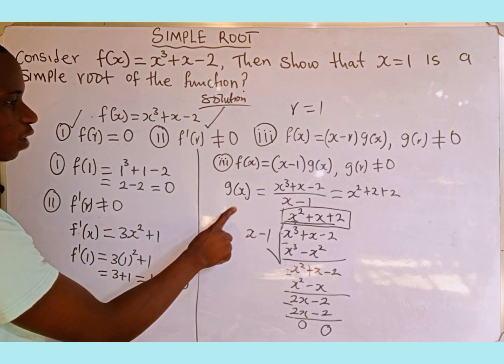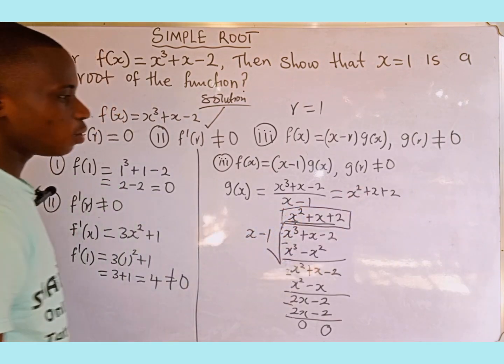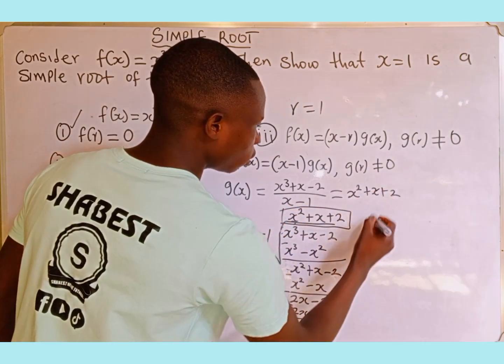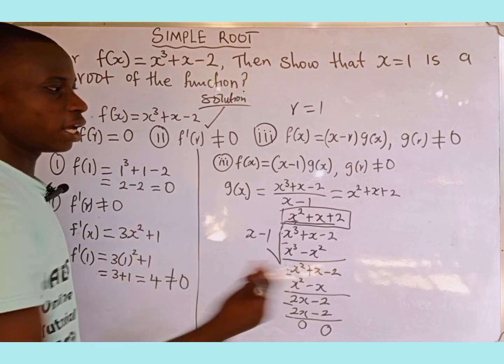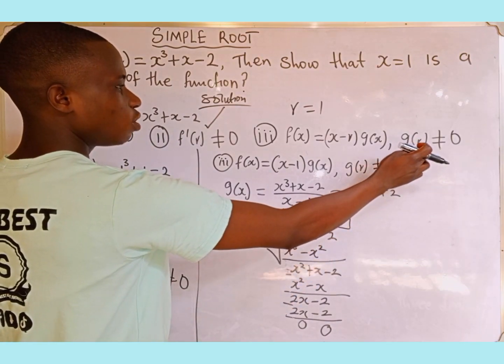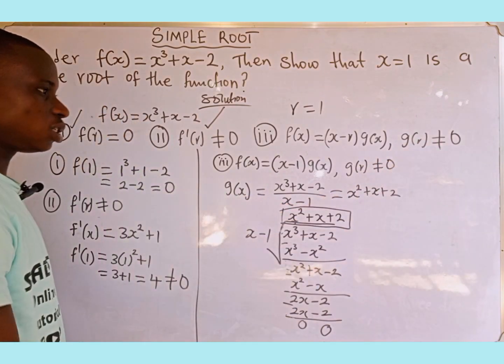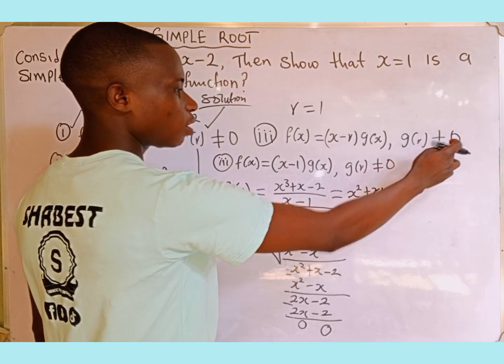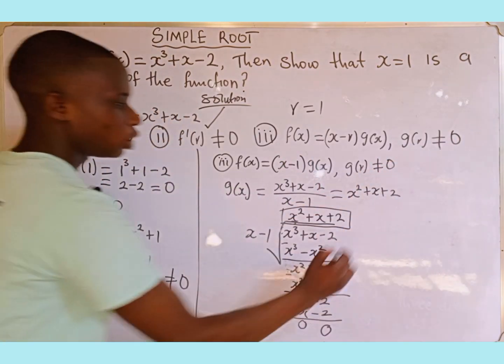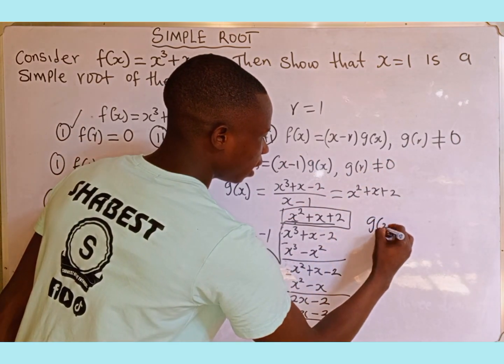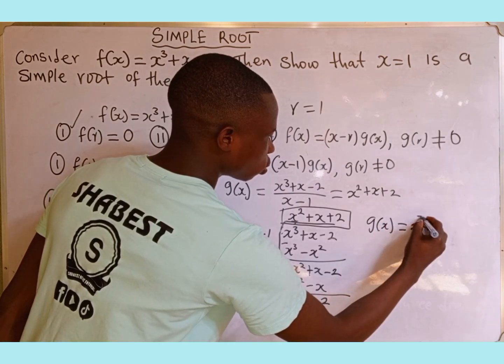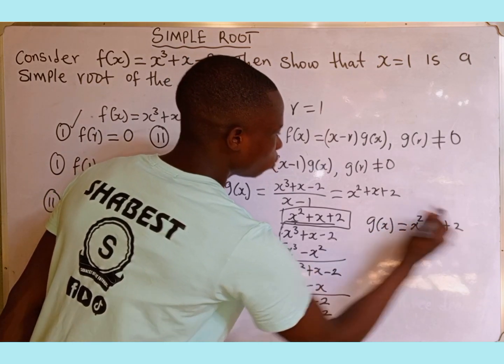So since g of x is equal to x squared plus x plus 2, we are going to replace x with 1 anywhere we see x, because g of r must not be equal to 0. Let us see whether g of r will not give us 0. So g of x is equal to x squared plus x plus 2.